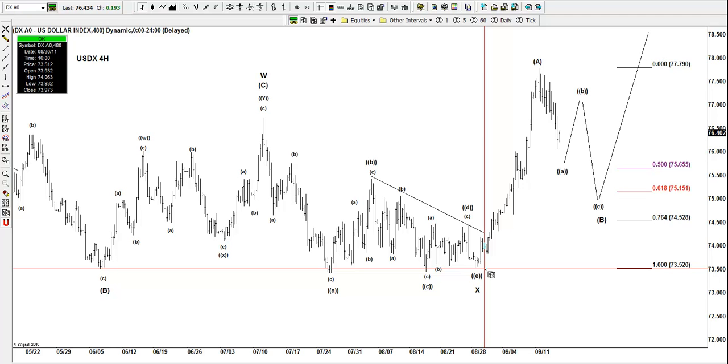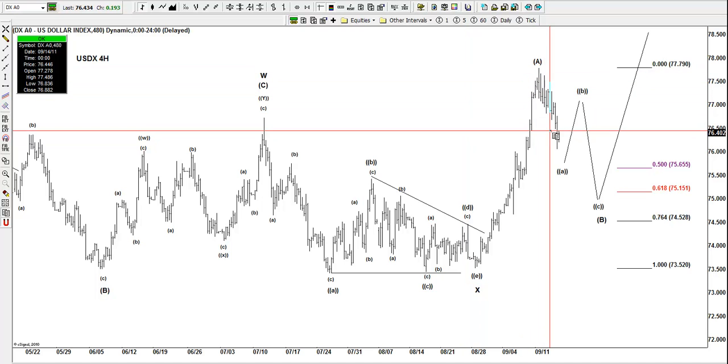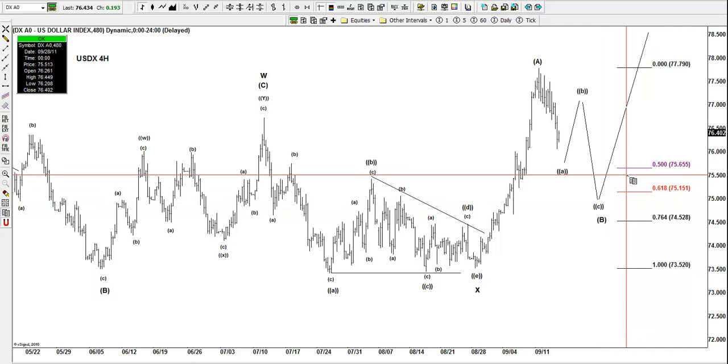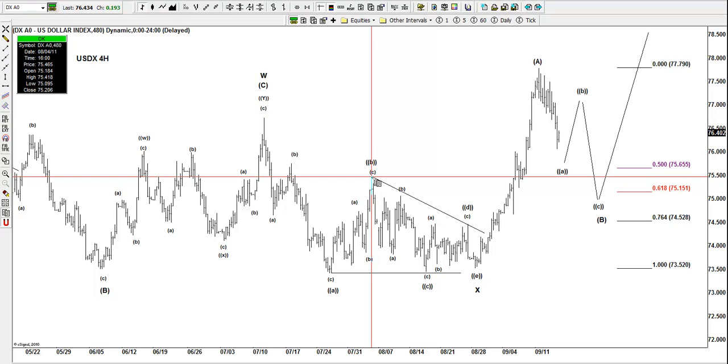So that being the case here in the US dollar index, we should expect 3 ways back to around 75.15, 75.50 area. Around this area is there. I always identify a high when I'm doing the corrective move, and for me the top of the triangle here, which is 75.41, can be the case.